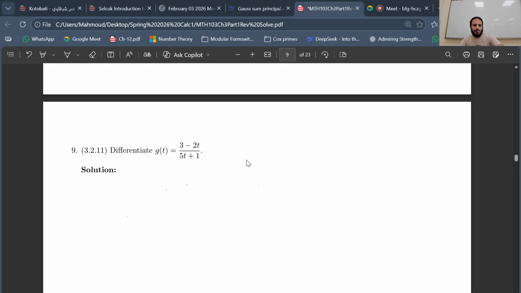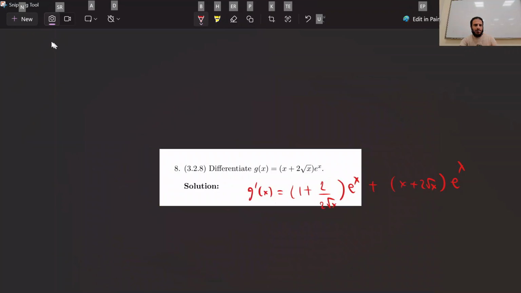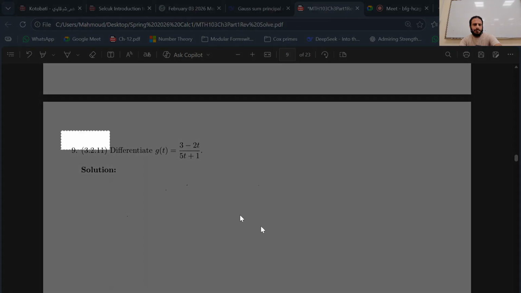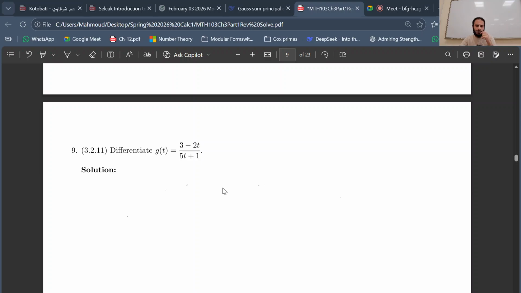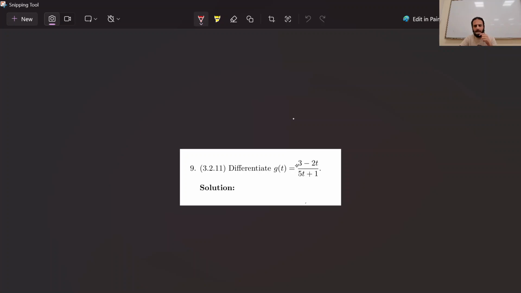Now this one. What rule will we use for this? Quotient rule, right? So we have g of t equals 3 minus 2t over 5t plus 1. First, let's write the quotient rule.